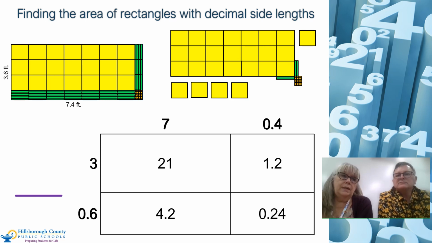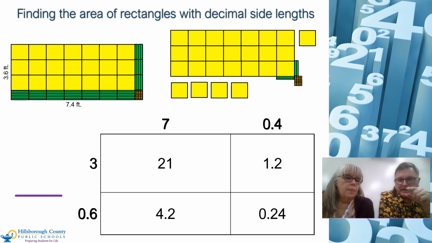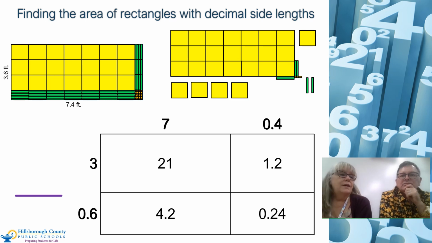And Daryl, what am I going to exchange 10 hundredths for? Well, I can exchange 10 hundredths for 1/10. Okay, so I'm going to take 10 hundredths and exchange it for a tenth, and 10 more hundredths and exchange it for another tenth. I can do no more exchanging.